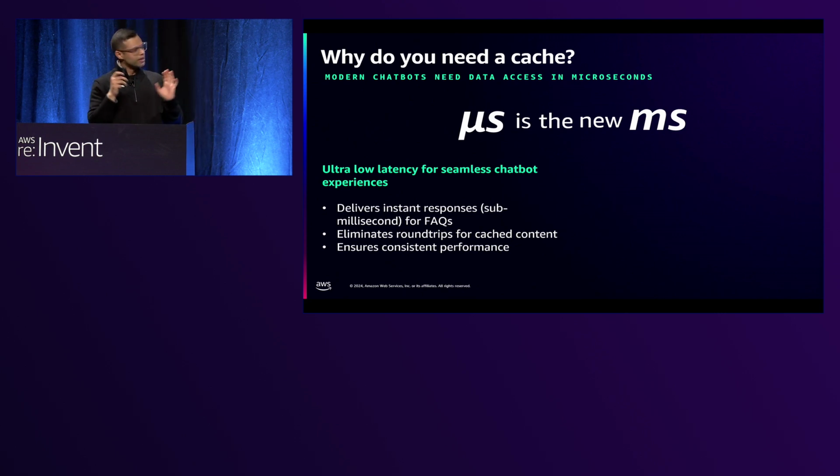Anytime you're building these modern chatbots and you're looking at the user experience, users don't like to wait a lot of time, right? You saw how easy it is to context switch from your chatbot to checking emails to checking another app and trying to book the ticket with a competitor. So by leveraging a caching solution, you can design your chatbots to deliver consistent sub-millisecond response times.